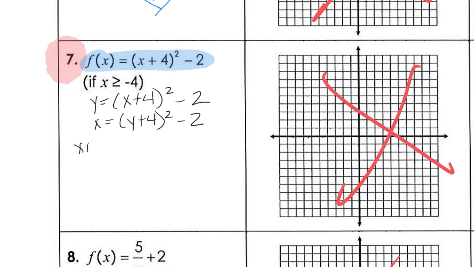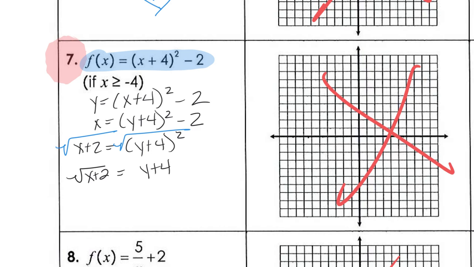So I know I need to add 2 to both sides. In order to undo a square, I take the square root. So the square root of x plus 2 is equal to y plus 4. So I know that the inverse is the square root of x plus 2 minus 4. This will be my red function.